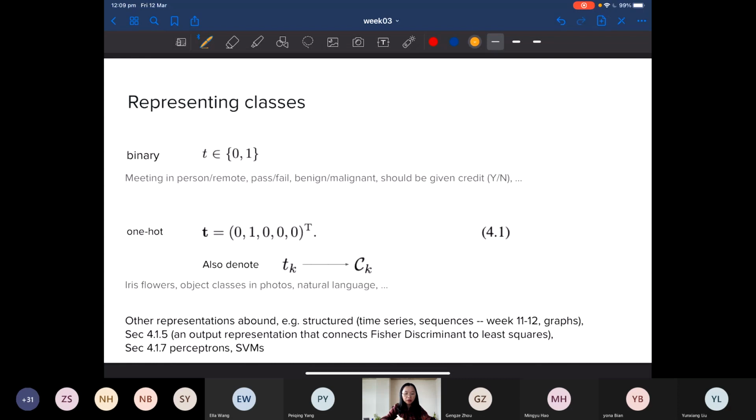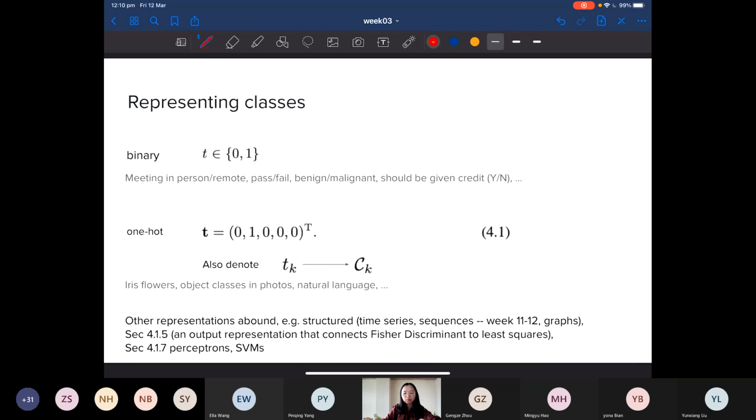If the classes are binary, we represent it with one single target variable that takes the value 0 or 1. So this can be whether we're meeting in person or remote, whether a student passes or fails a class, whether something in medical imaging is benign or malignant, or whether a customer should be given credit, right? Yes, no decisions. Either-or decisions, right?